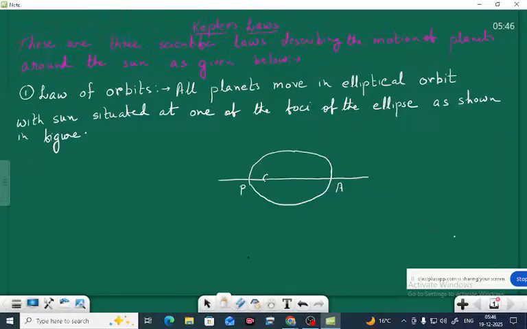This is our sun, S, and this one is S dash. There are two points, one is point B and this one is point C. We are joining these points.